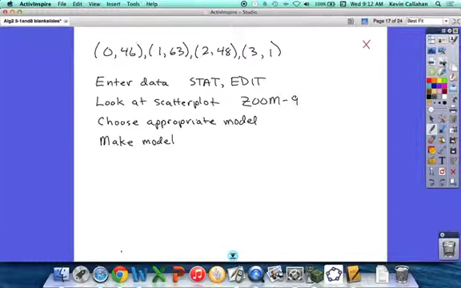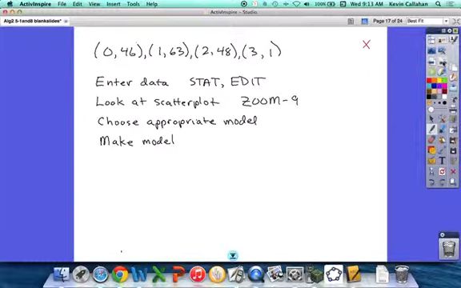What did yours look like? Those are not the points. Just clear that one. Delete. Go over there. Delete. Okay. So second stat plot, right?